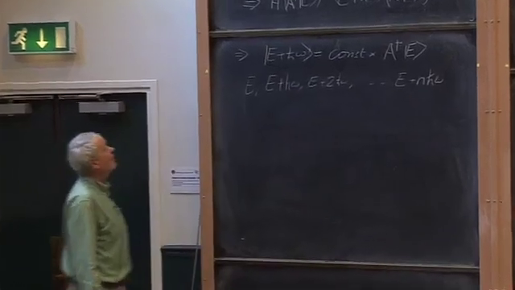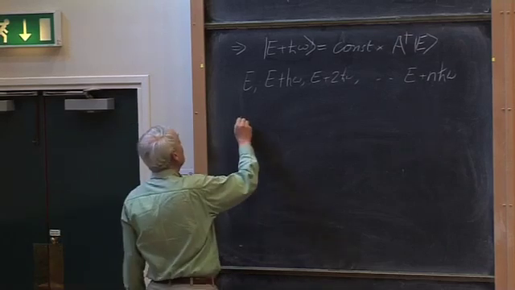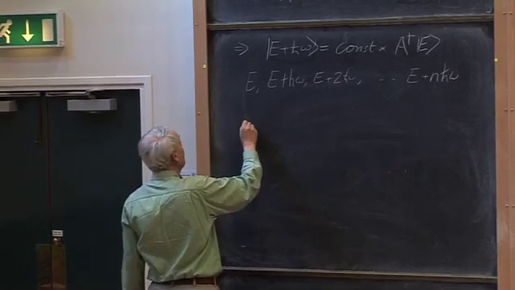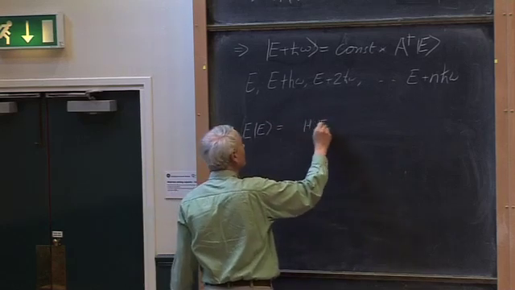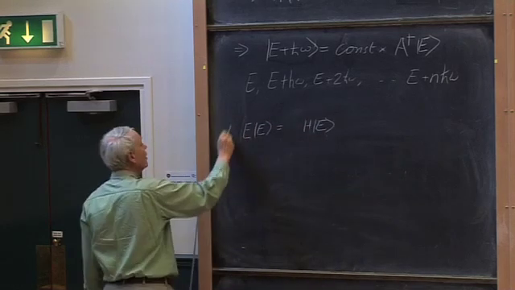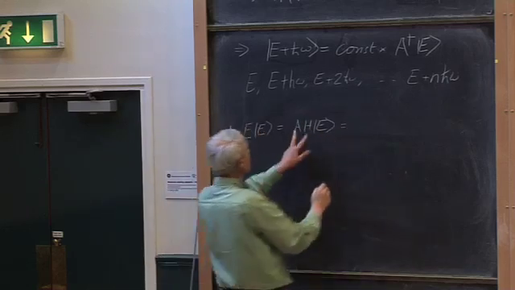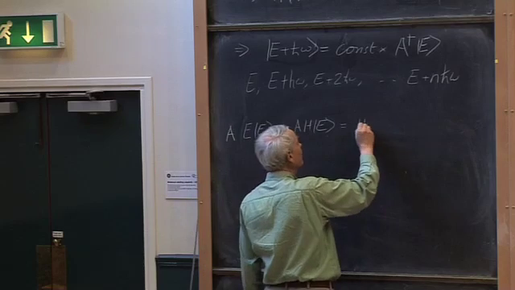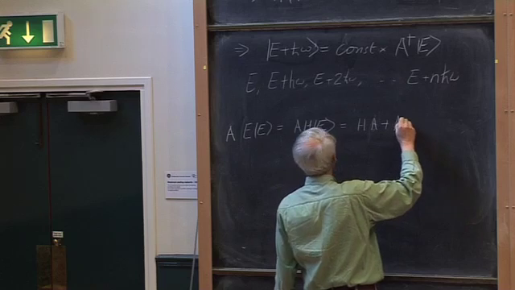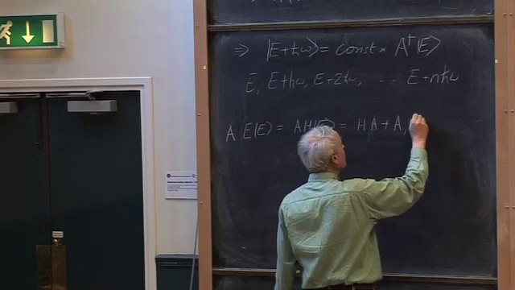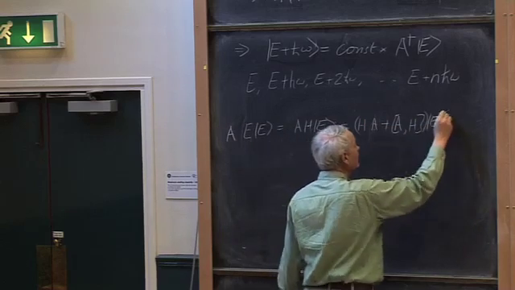And we do that by applying not A dagger to that equation, but A to that equation. So if we start with E times the state equal to H on the state, and we multiply both sides of the equation by A, not A dagger this time, then we swap the order, just as we did before, into HA, and then we have to add in the commutator A comma H, all operating on E still.